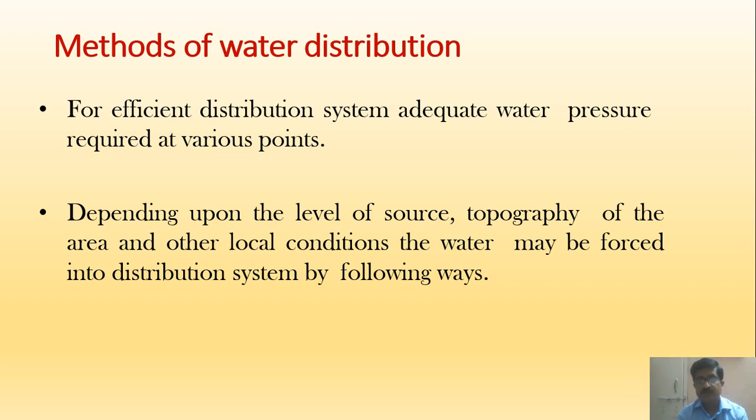From the water supply plant, by using the pumping system, the water is stored in these elevated service reservoirs, and then by gravity from the elevated service reservoir, the water is supplied to that particular area or ward. This is one system, which is called a combined system.